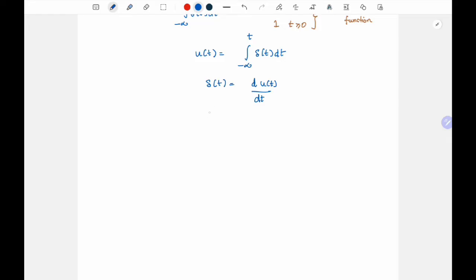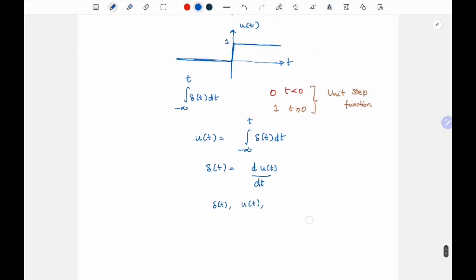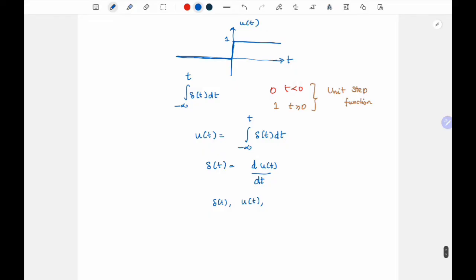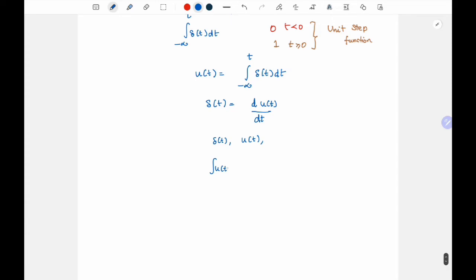So firstly, we had delta of t, then we integrated it and we got u of t. And now let's say we integrate u of t also. What will we get? So integral u of t dt from minus infinity to t.